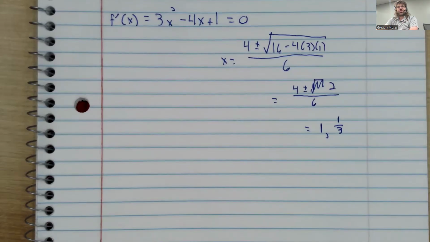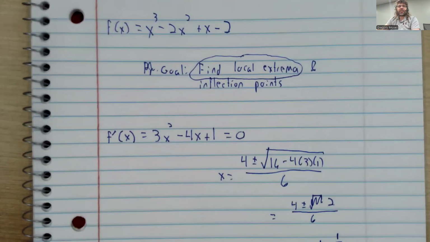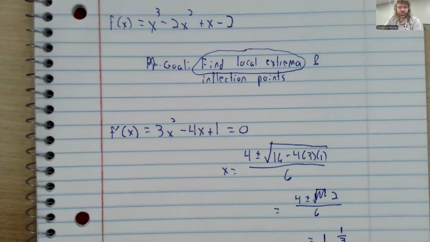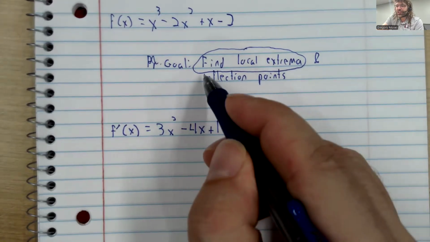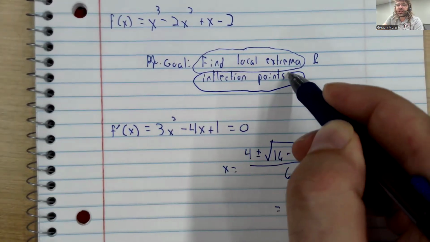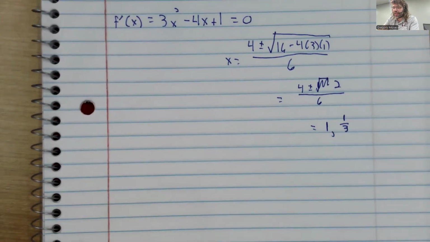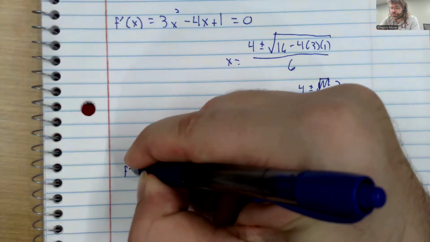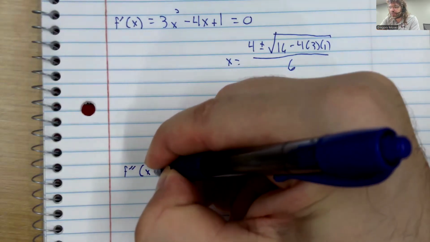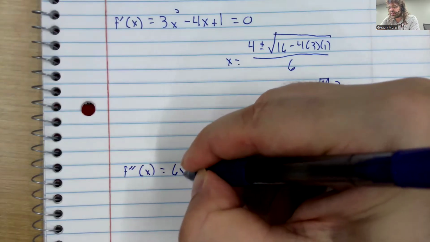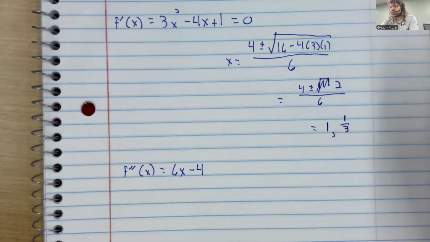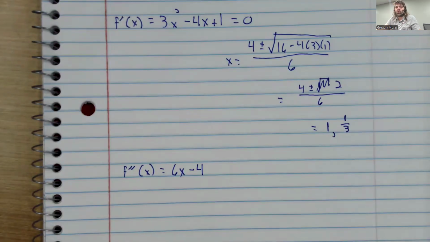And if we were using the first derivative test, we would now create a sign chart. Instead of doing that, I'm going to use the second derivative test. And my rationale here is that if I want the inflection points, I need to find the second derivative anyway. F double prime is 6x minus 4.